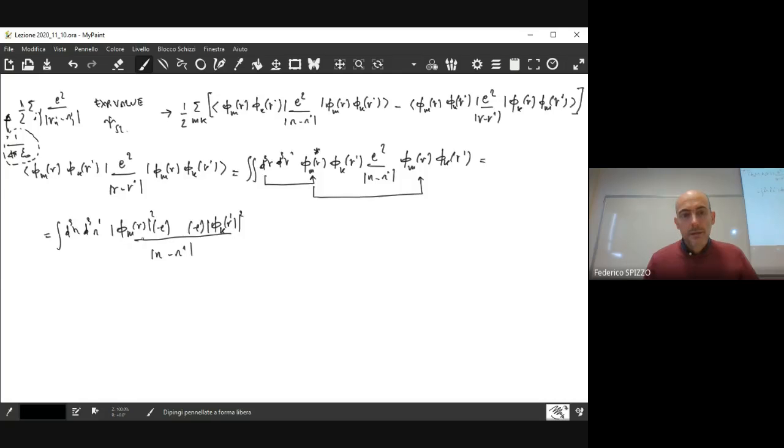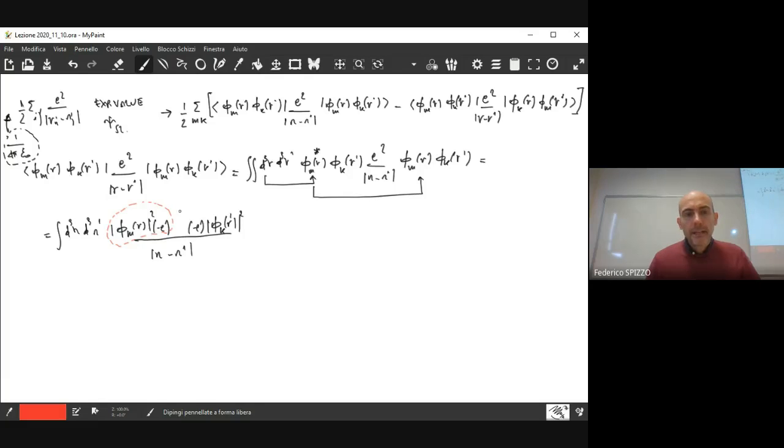If you notice the structure of the numerator, if you remember what we did when discussing the Hartree approach, it was to consider not the point-to-point interaction between the electrons, but the charge density associated to one electron, or in that case also to all the possible electrons.